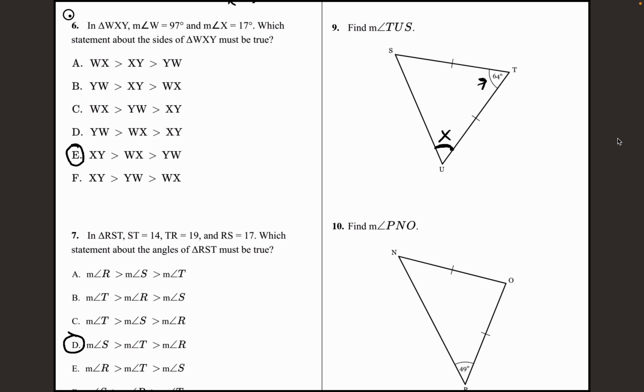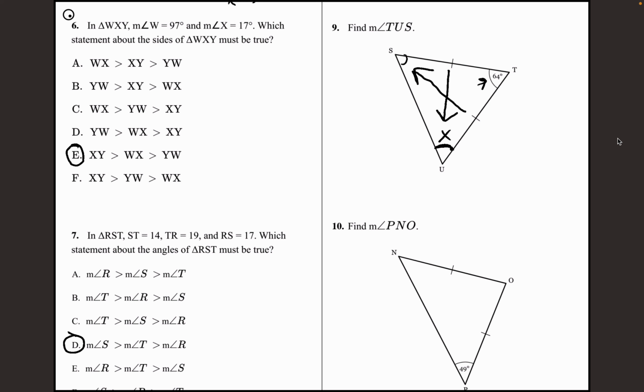Right here, it tells us these 2 sides are congruent because it has that congruent mark. In order to find those congruent angles, we just go directly opposite. So this one's going to be congruent to this one. So those 2 angles are going to be congruent: this angle of S and this angle of U.